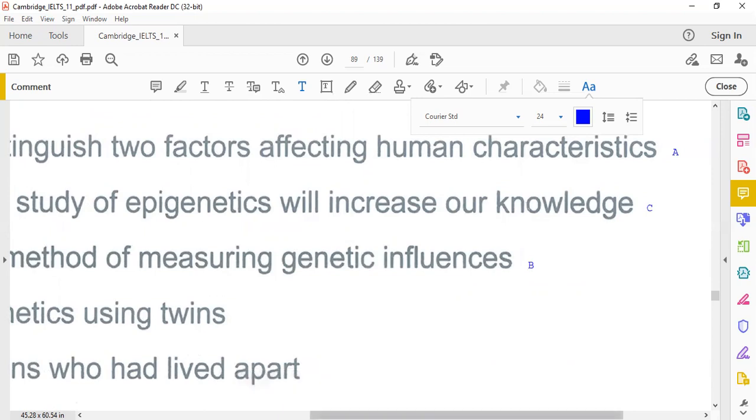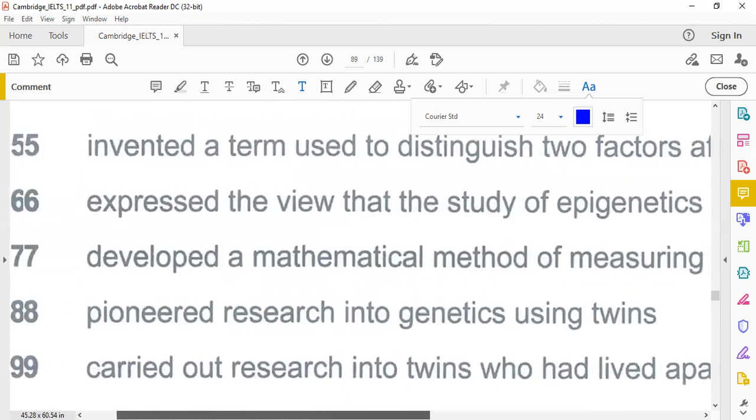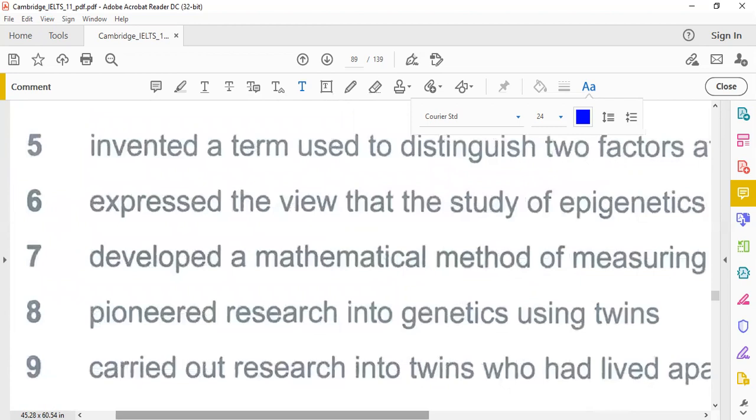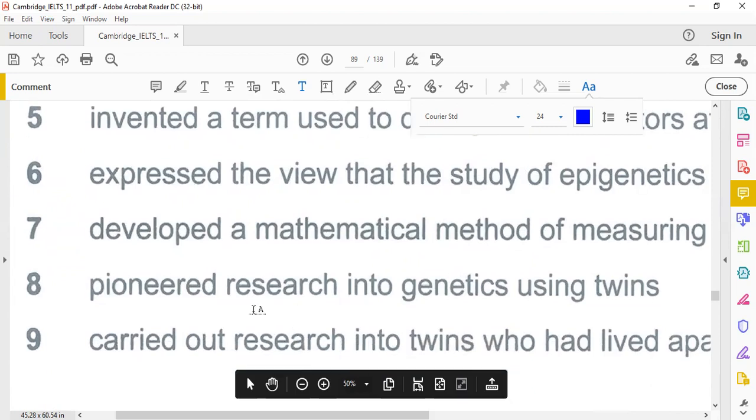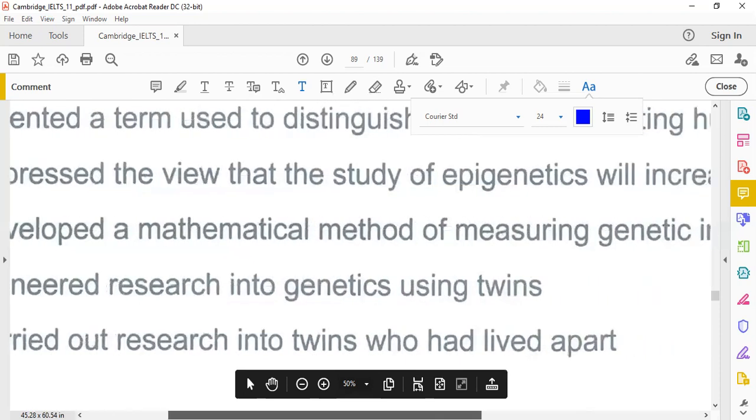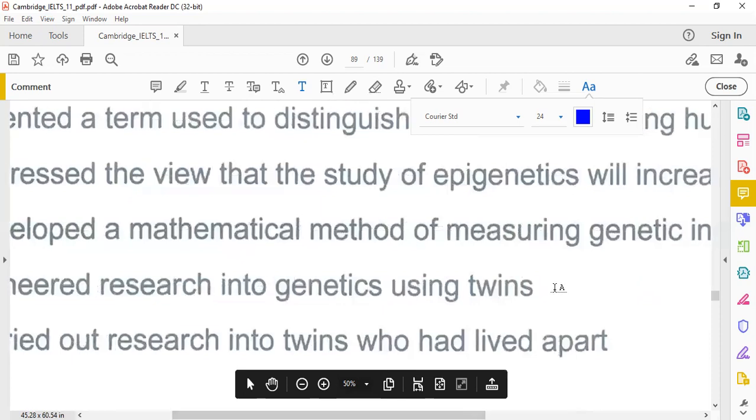Then we come to the next question. I'm sorry I am making it late, because if I make the page a small size, then I can't see the text that I write against each statement. So, question 8: pioneered research into genetics using twins. Who was the leader of this research?